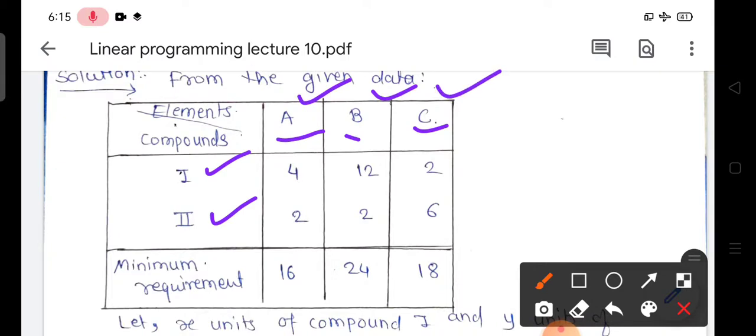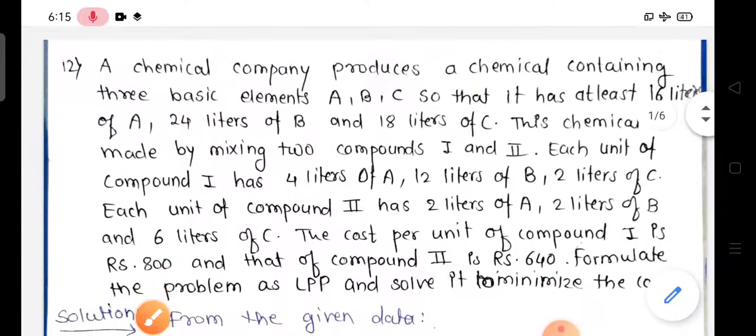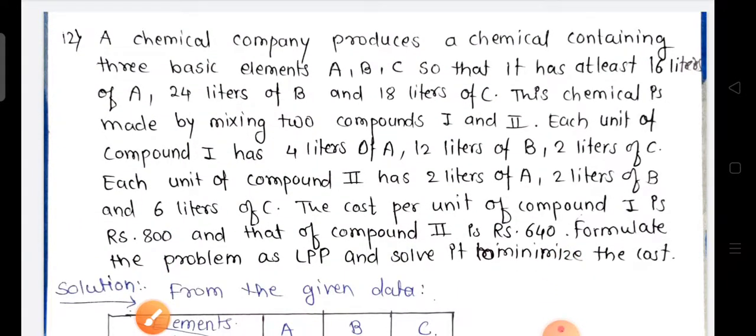For compound 1, 4 liters of A, 12 liters of B and 2 liters of C are required. For compound 2, 2 liters of A, 2 liters of B and 6 liters of C. Then what is next given?